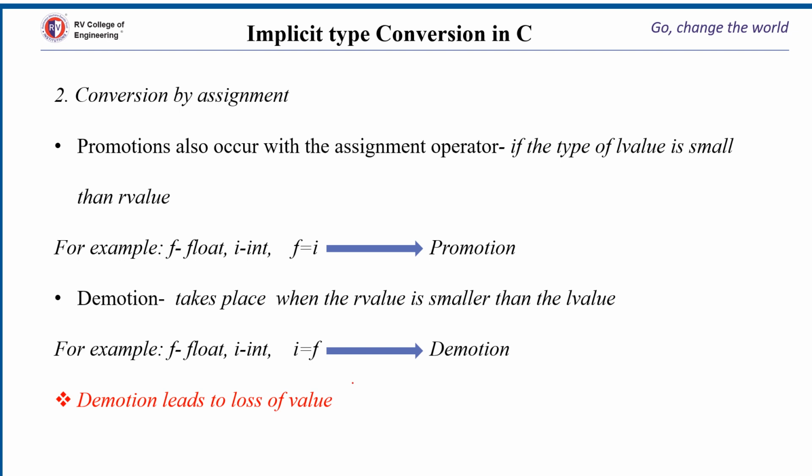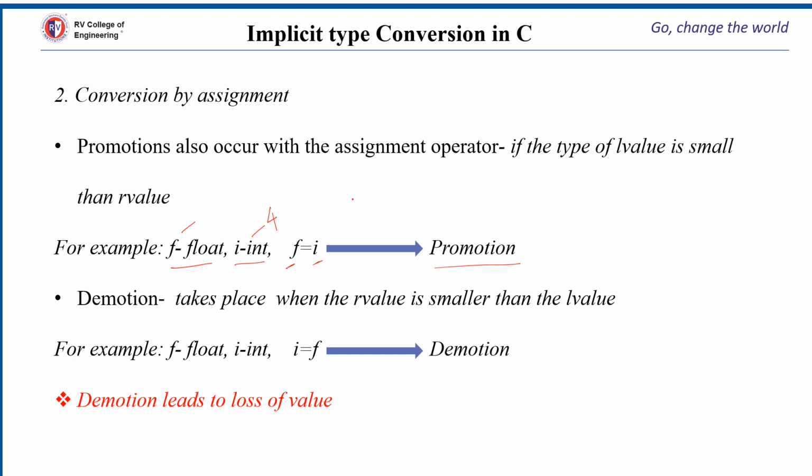For example, I have declared a variable f as float and i as int. Now, whenever I try to assign an integer to a floating point value, there will be a promotion. Let me take an example here. This f is a float, integer is 4.